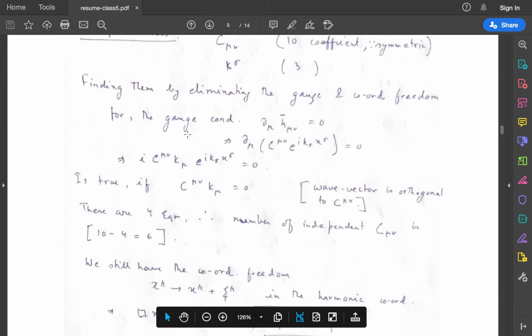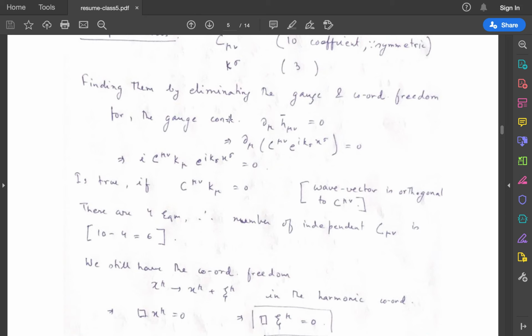What we do is find them by eliminating the gauge and coordinate freedom that we have. The gauge condition can be written as ∂_μ h̄^μν = 0, which if I put back in this equation gives me this condition: i C^μν k_μ e^(i k_ρ x^ρ) equal to 0, and the exponential is not 0.